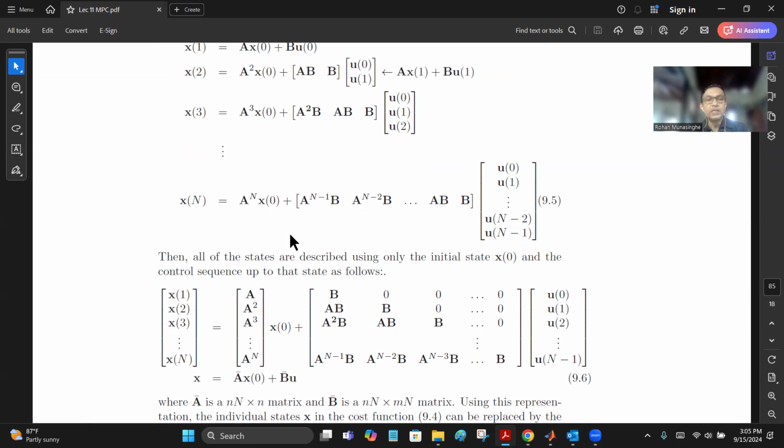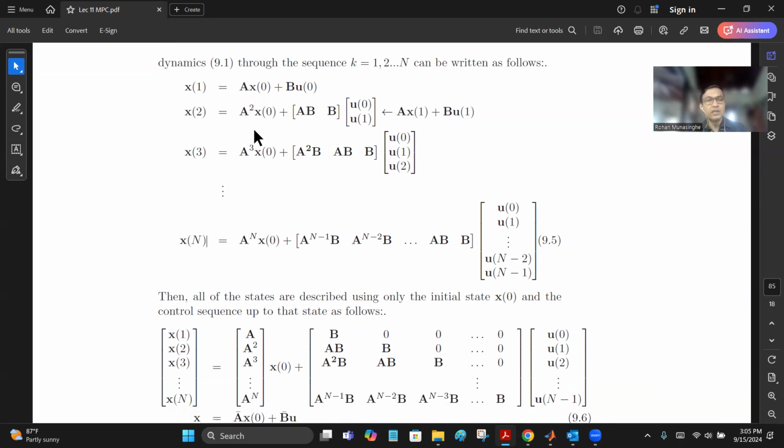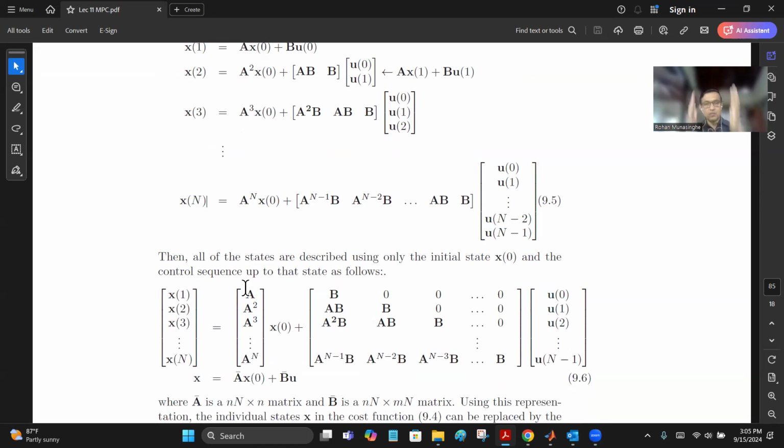Then you can see all of these elements, a square, a to the 3 up to a to the n, are connected with x0 as a common factor. So we can write it down like this, a very tall column vector, a, a square, a3 up to an, times x0.